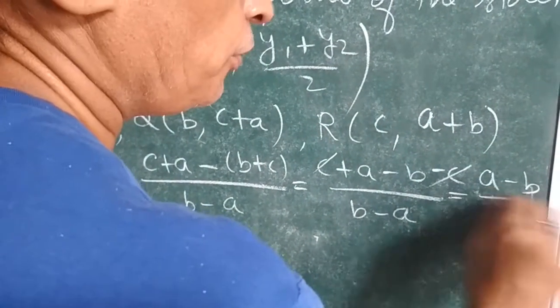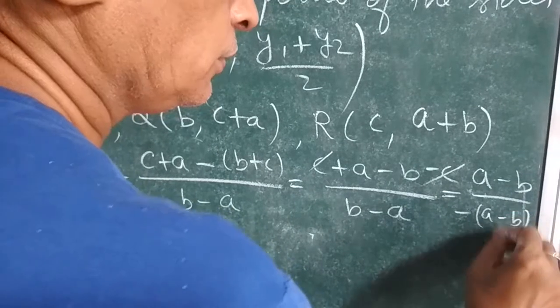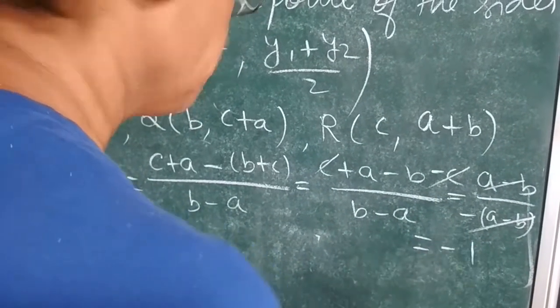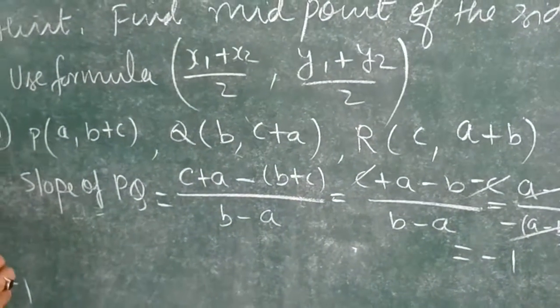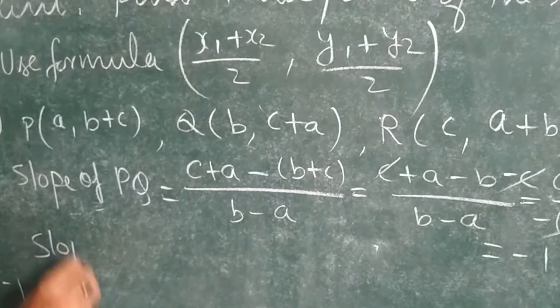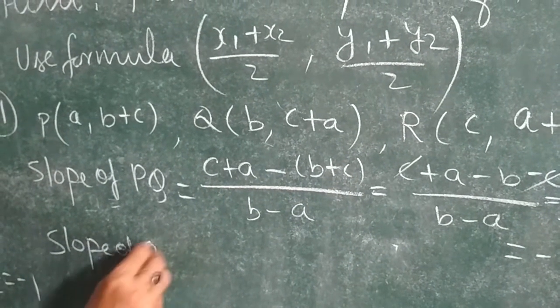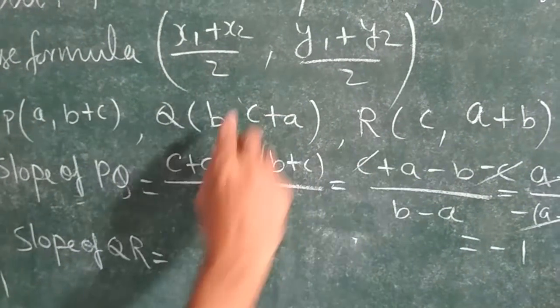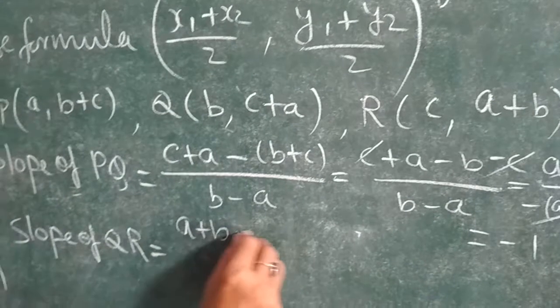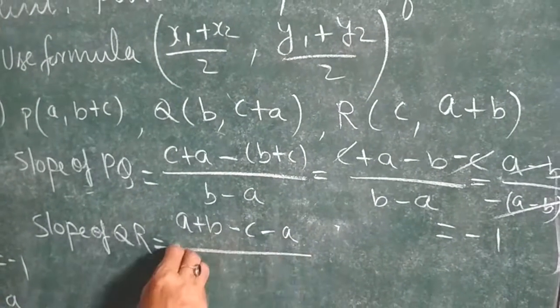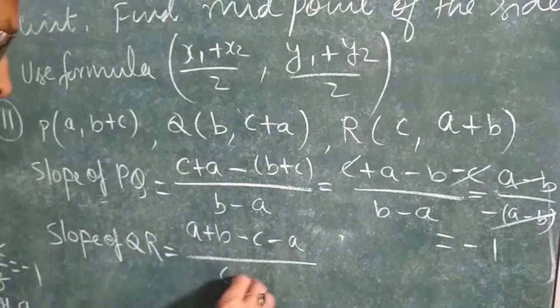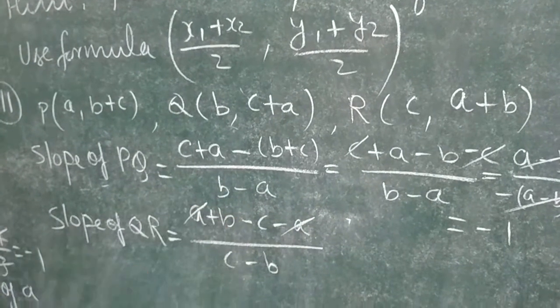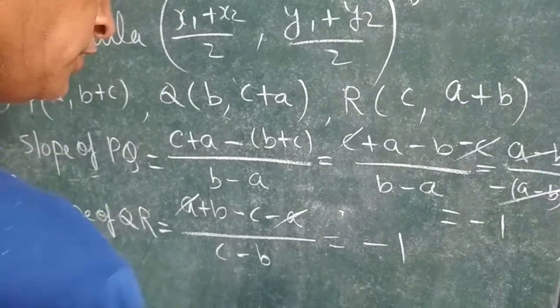A minus B upon minus A minus B. This gets cancelled, it is equal to minus 1. Now we find the slope of QR. A plus B minus C minus A upon C minus B. Did this get cancelled? Again minus 1.